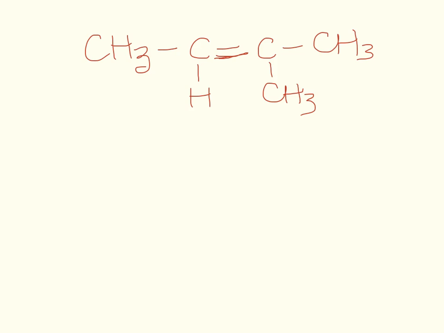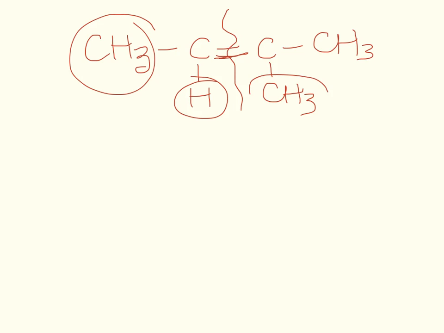This is an unsymmetrical alkene. And why is this unsymmetrical alkene? Because when you break through this double bond, you get a carbon that has a hydrogen and methyl, and a carbon that has a methyl and methyl. So this is an unsymmetrical alkene.